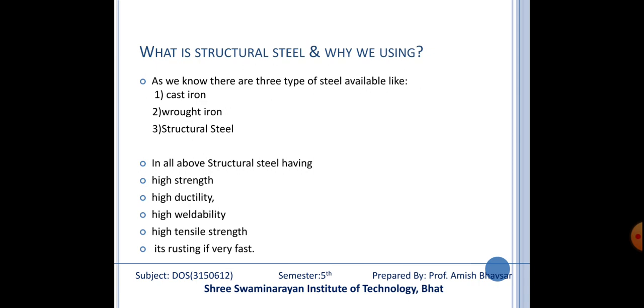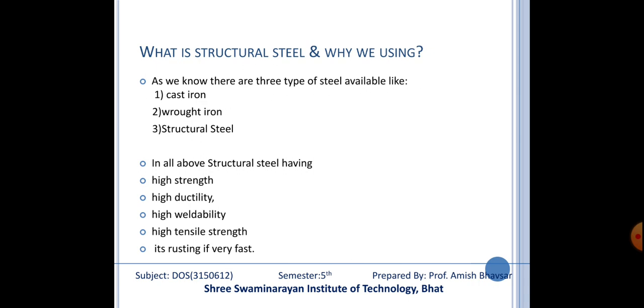And number 3, structural steel, that is also steel. Right? So among these three types, why are we choosing structural steel? Because when we compare these three types, the carbon content in the material is different, and from that we can justify that the properties of the material are different for these three types.